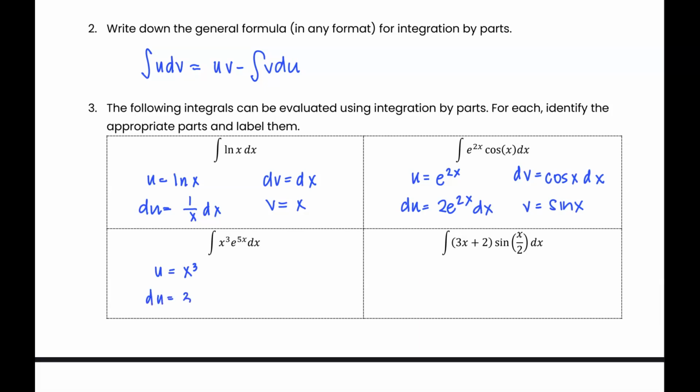So my du is 3x squared dx, and my dv is going to be the exponential, because unfortunately for us, or not fortunately, exponentials don't get any worse as you take antiderivatives of them. And so in this case, our v will be 1/5 e to the 5x. So we don't get to leverage what we did over here by making that exponential our u. We do end up with a fraction.